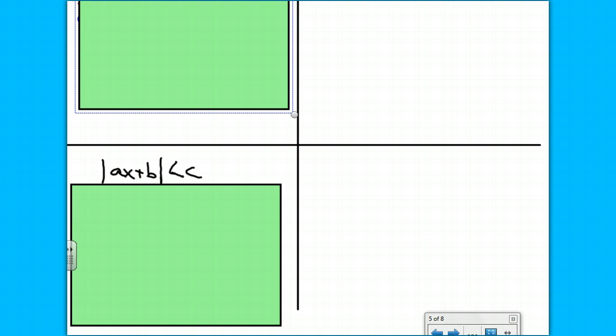And then we had our inequalities, right? Absolute value inequalities. So we have the absolute value of some expression is less than c. So this was a little tricky because when we write the two inequalities that would be true, what does it look like? You can tell us. Christina, what does it look like?